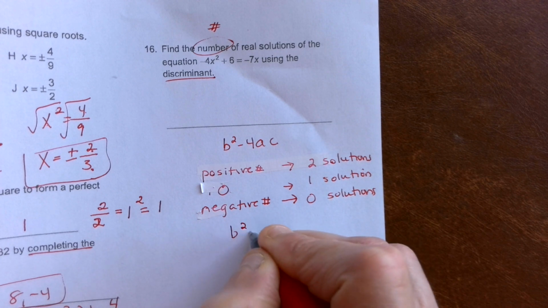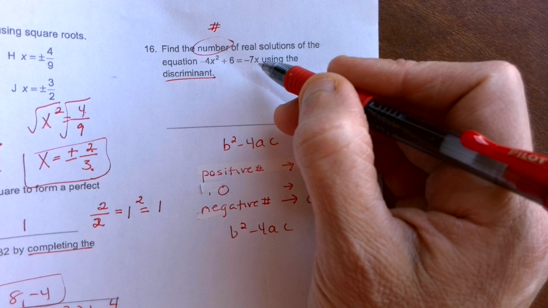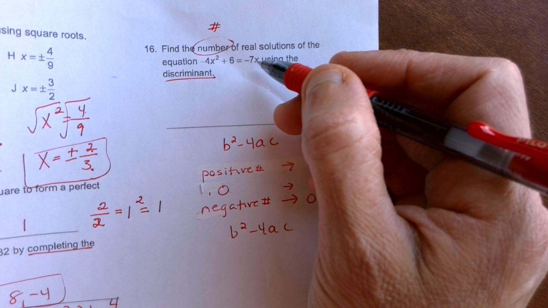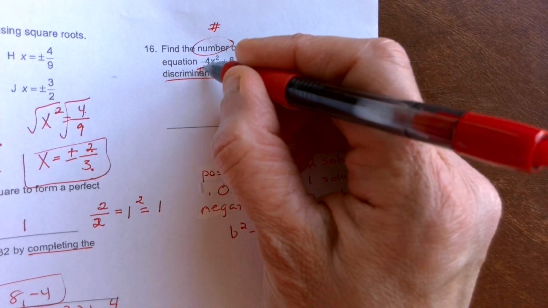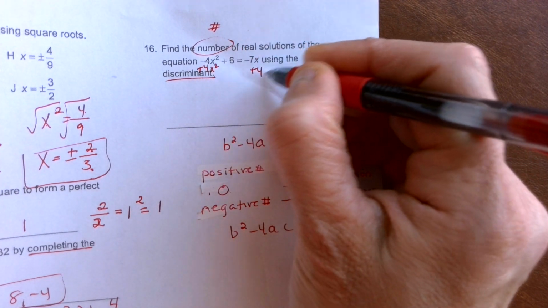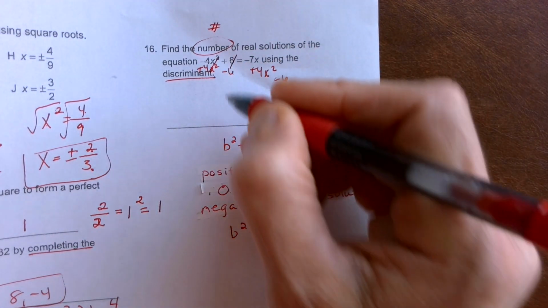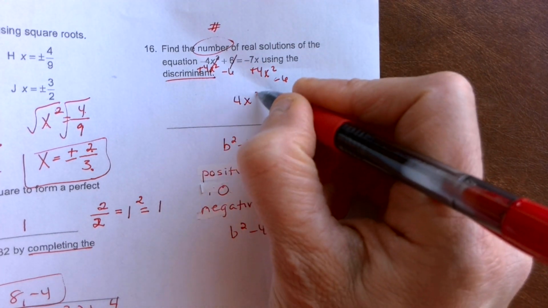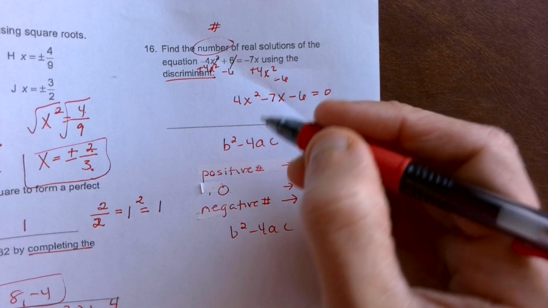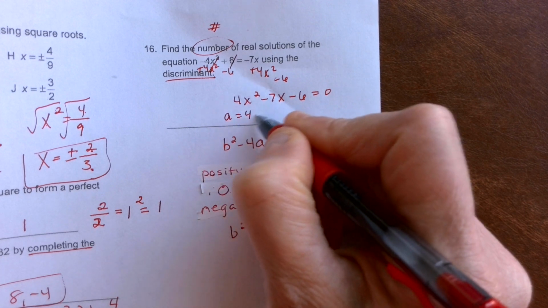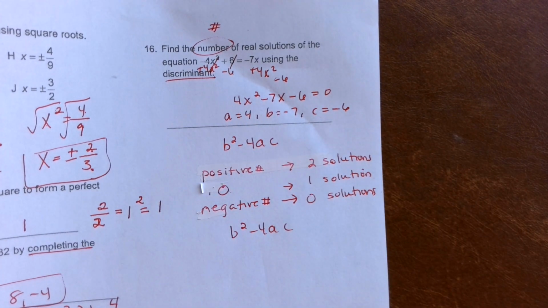B squared minus 4ac. Oops, it's not in the right order again, so we need to get it in the right order. I'm going to add 4x squared to both sides and subtract 6, and I will be left with 4x squared minus 7x minus 6 equals 0. So my a is 4, my b is negative 7, and my c is negative 6.